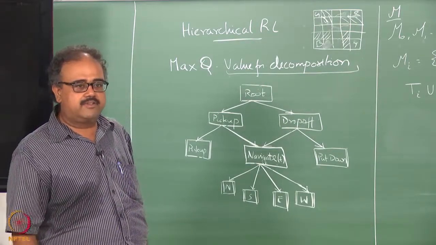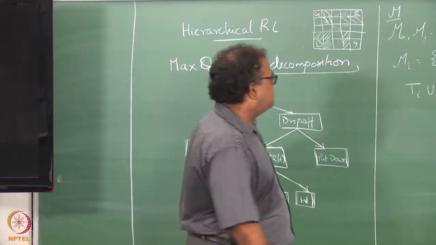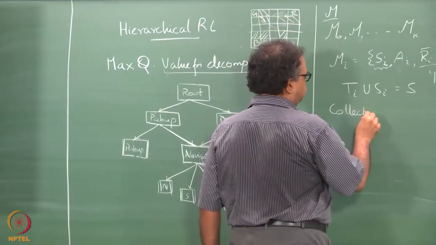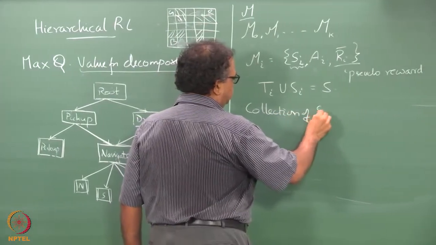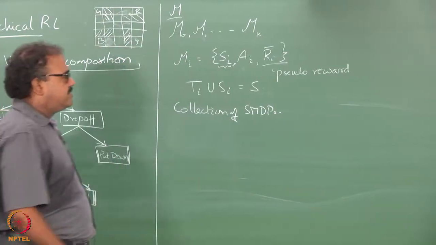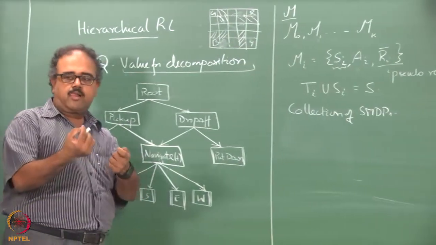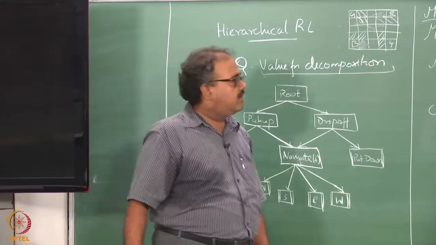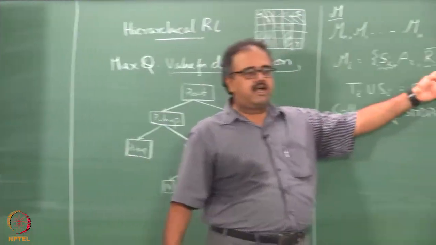How do value functions work here? You recall what I said: these are essentially a collection of SMDPs. So let me take one of those, let me take Mi. So we have Si, Ai, Ri hat.